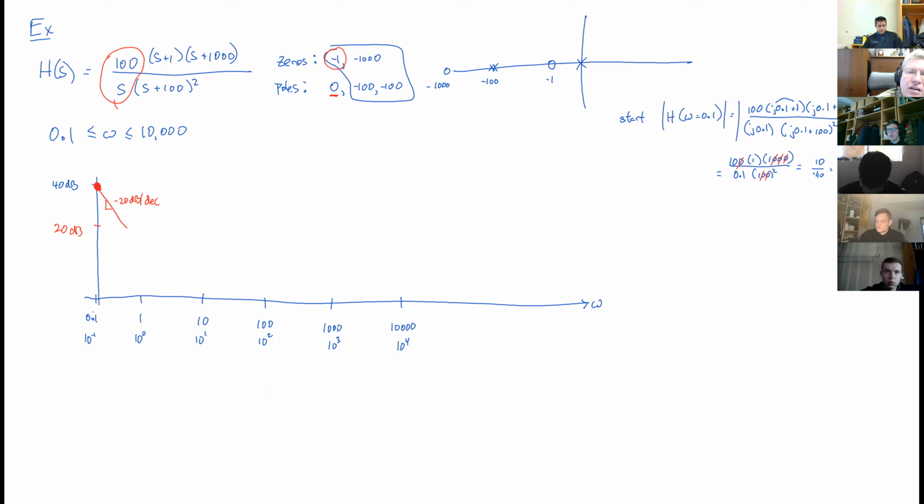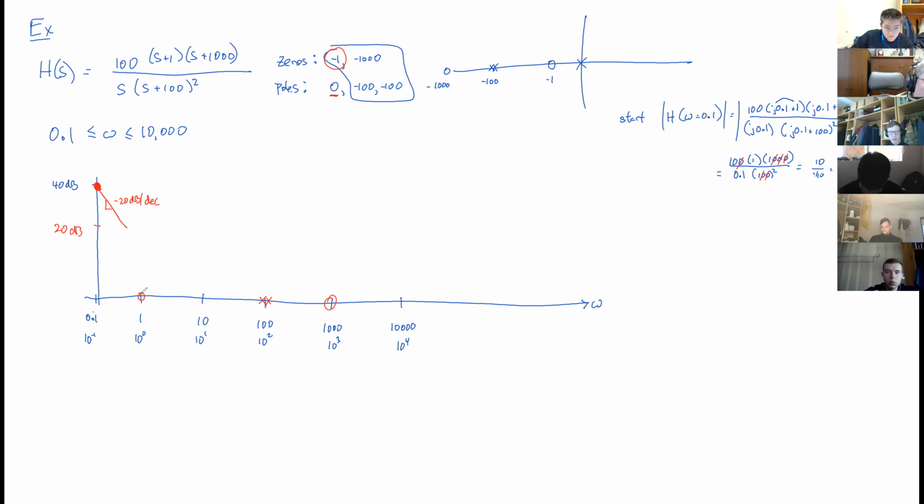Instead, what happens next? We always look at the magnitudes here, so it's going to encounter a zero here, and it's going to encounter 2 poles here, and it's going to encounter another zero here. So it goes down until it hits the zero.